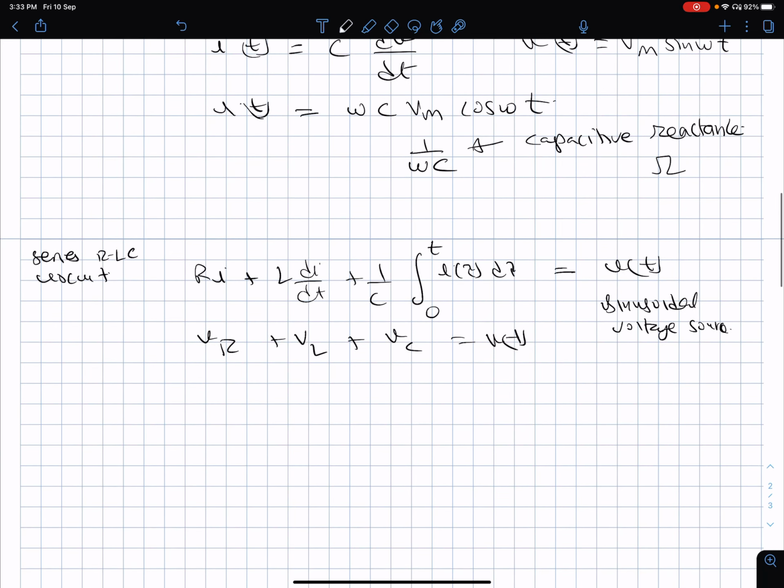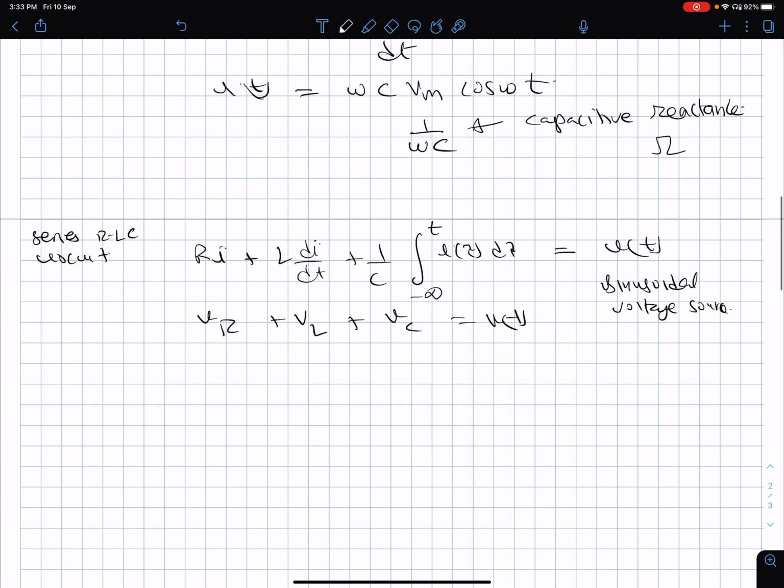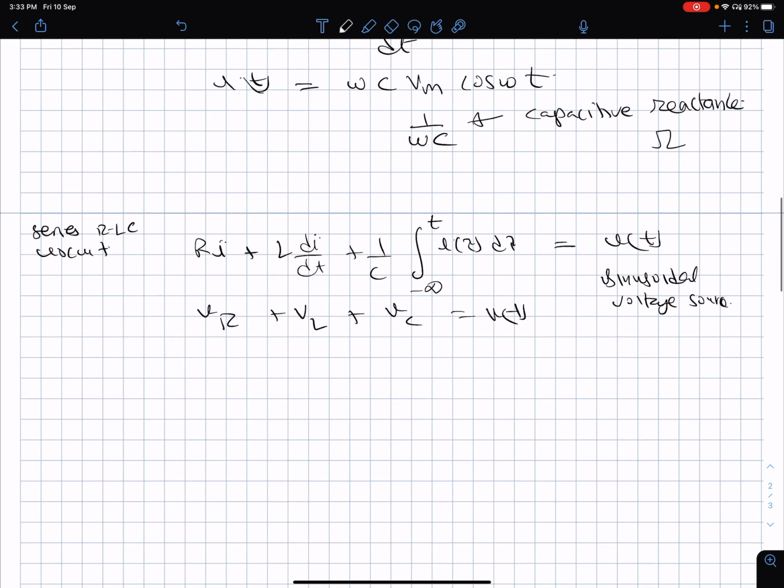The current flowing through this loop is i(t). Deliberately, a dummy variable tau is used for the integration. If I use the same t, there is a certain abuse of notation, which I have avoided. Actually, you could even write this from minus infinity to t. More appropriately, it is correct to write it from minus infinity to t.